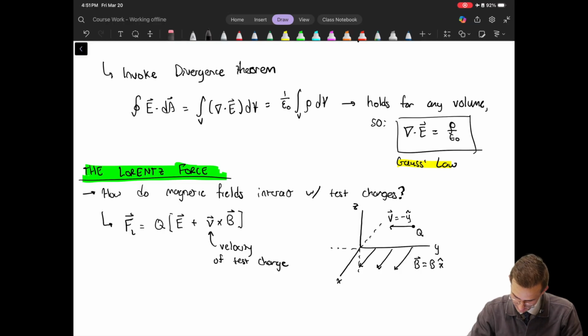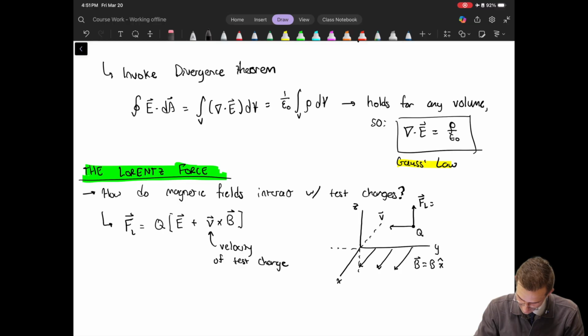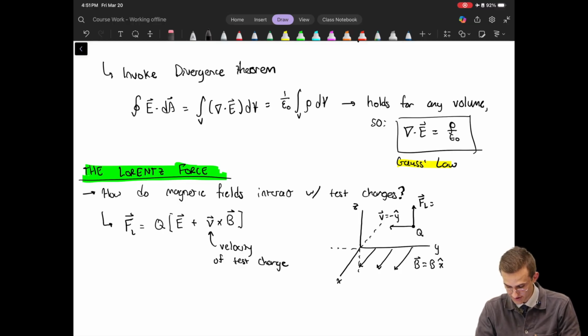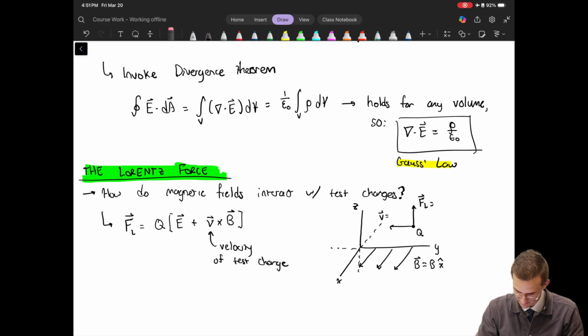So then F_L, in this case with no electric field present, with v equal to minus y hat, is just going to be the magnitude of v, minus v y hat.